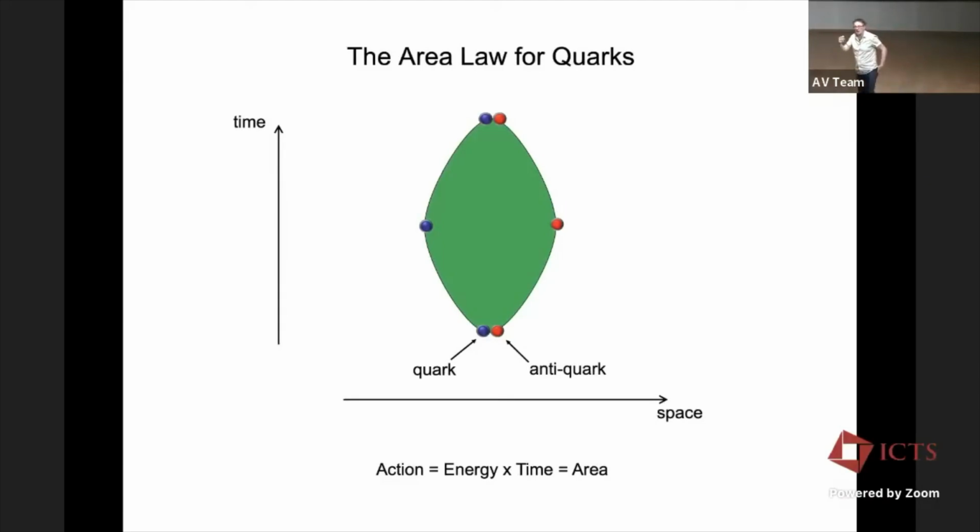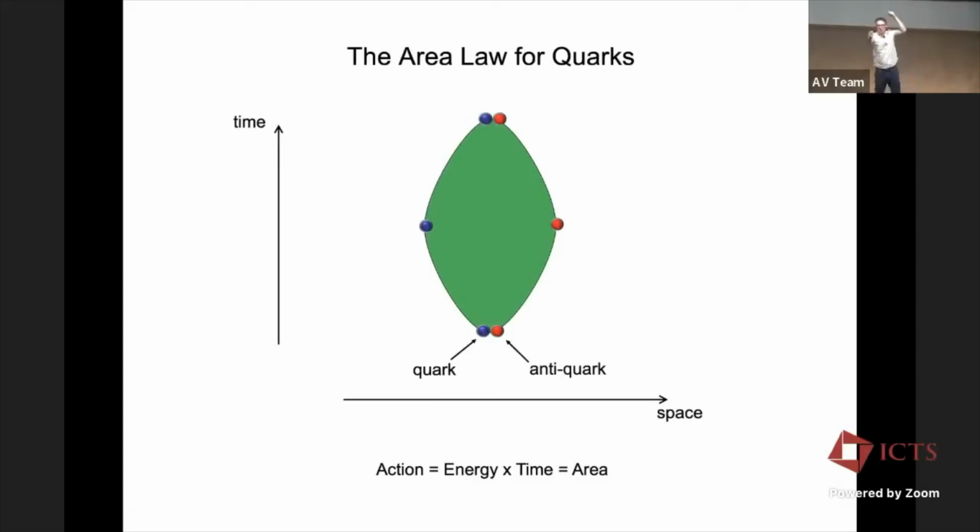So the area law for QCD, or for quarks, is for physicists synonymous with the idea of confinement. It's just a way of capturing the fact that the energy grows linearly, and for reasons that I won't get into, it turns out to be slightly easier to talk about the fact that this thing called the action is proportional to the area that you sweep out. And the nice thing is that it doesn't matter what path the particles take.